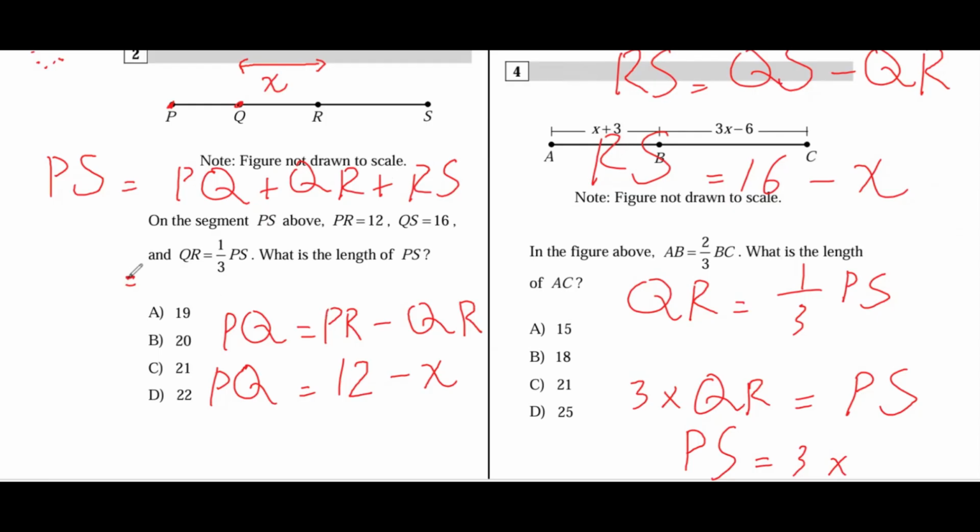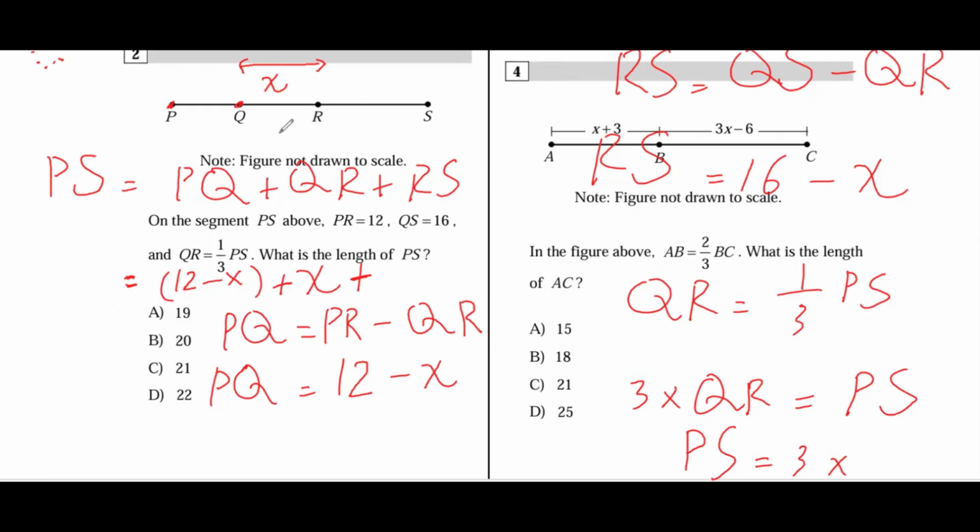We have found PQ: 12 minus X. Yes, excellent. And we add them. What is the length of QR? We have supposed X equal to X, so it will always be X. Yes, it would always be X.